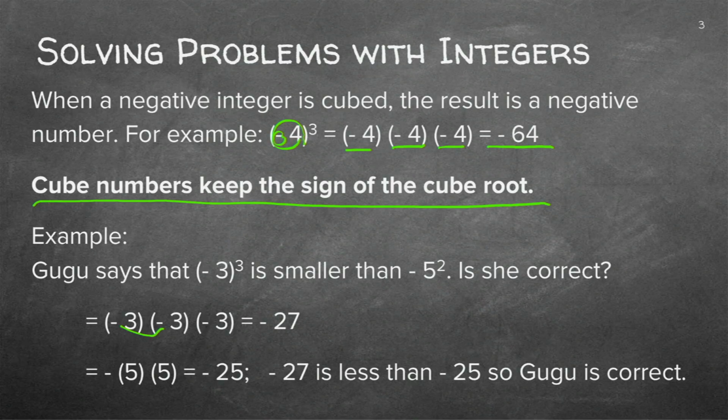Two minuses will be a positive and a minus will give us a negative. Remember, it keeps the sign of the cube root, so that is minus 27. But minus 5 squared, remember, it's not in a bracket, so it's minus 5 times 5, so it is minus 25. So minus 27 is less than minus 25, so Gugu is correct.